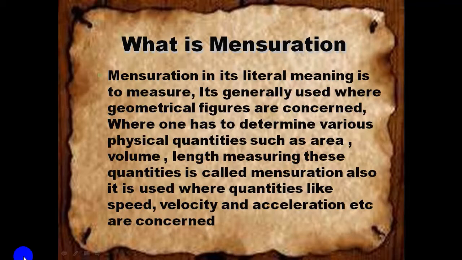It's generally used where geometrical figures are concerned, where one has to determine various physical quantities like area, volume, length, measuring. These quantities is called mensuration. Also, it is used where quantities like speed, velocity, and acceleration, etc., are concerned.